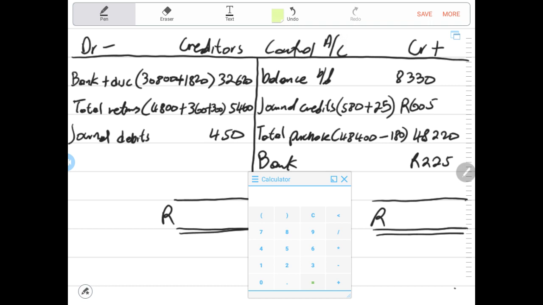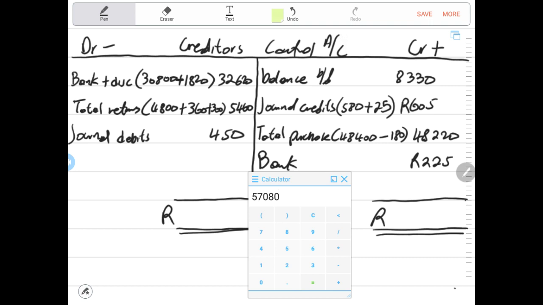Credit side will always be bigger. 225, you just need to start with it, plus 48,220 plus 605 plus 8,330.